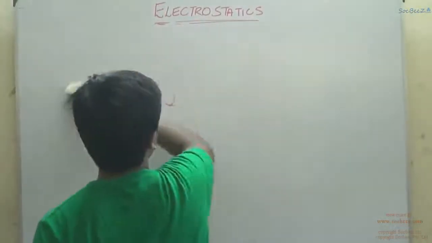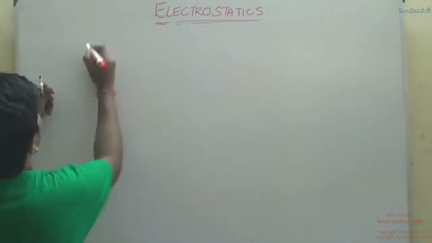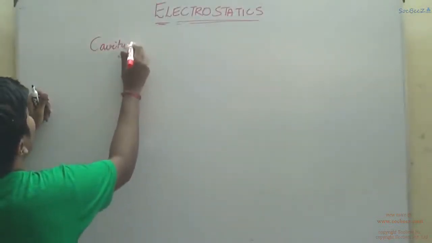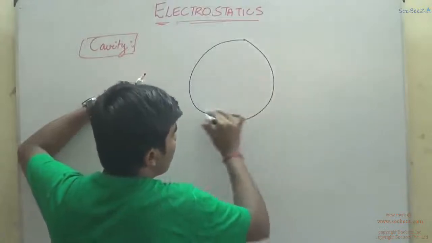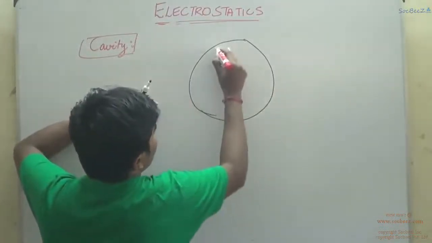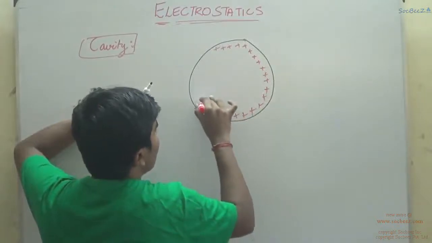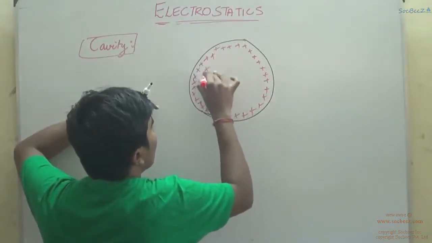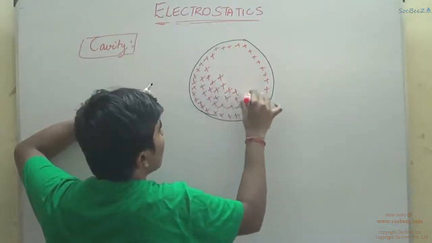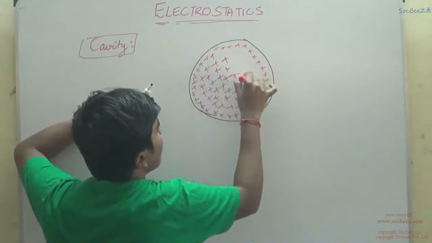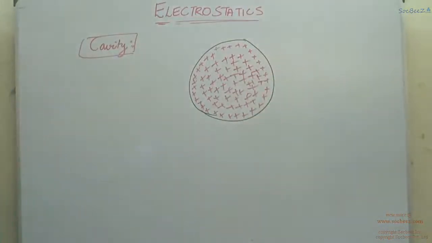Now let me introduce you to the concept of cavity. See, consider a charged sphere, having uniform volume charge distribution rho.